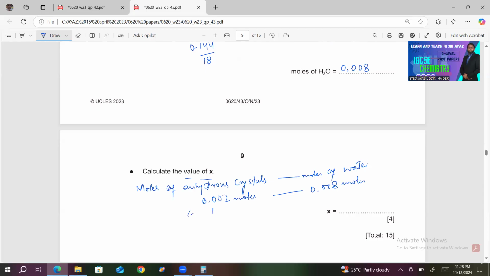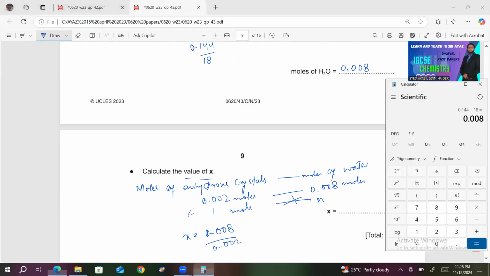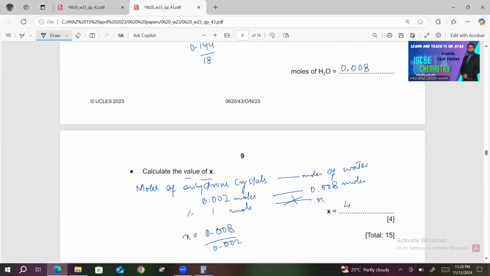Therefore, 1 mole contains X. So X is equal to 0.008 divided by 0.002. It's very simple, but for your convenience, I'm doing this. The answer must be 4. So the value of X is 4.